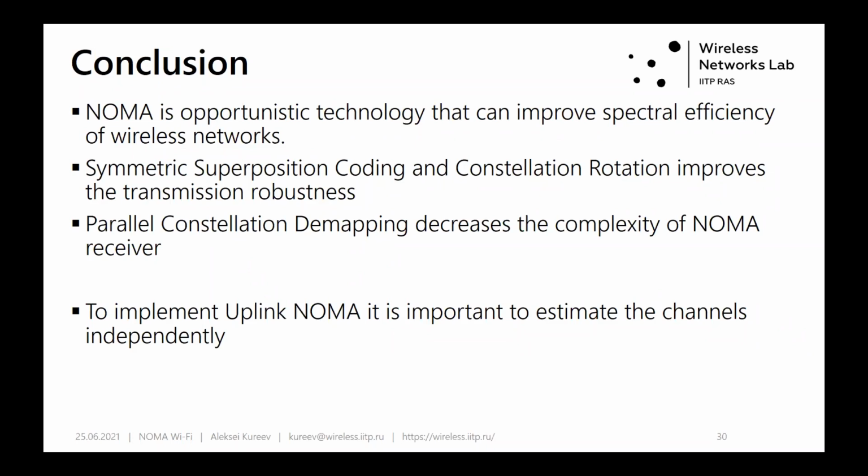Symmetric superposition coding and constellation rotation improve the transmission robustness, and I advise to use these techniques instead of simple superposition coding. If we want to implement the NOMA receiver, we need to use parallel constellation demapping because it decreases the complexity of the NOMA receiver.